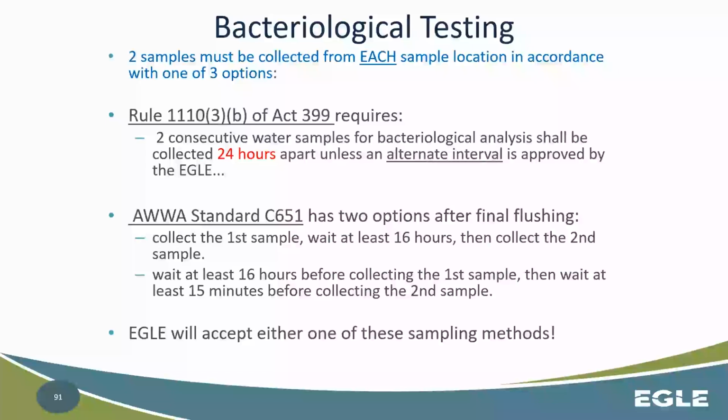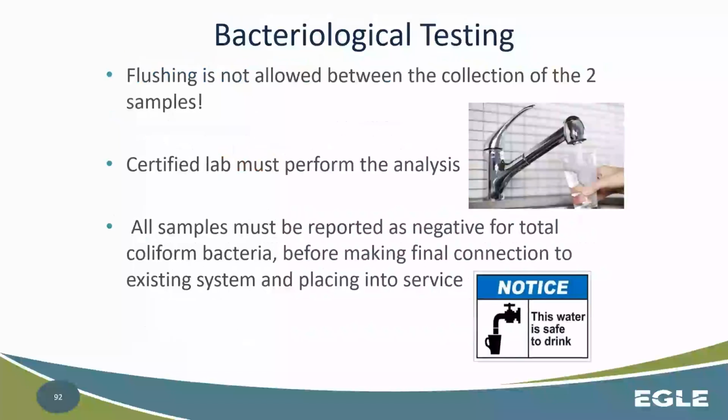And so there are 2 different potential options there that come from bacteriological testing. So there are bullet points 1 and 2 right there. Collect the first sample, wait 16 hours, then collect the second sample. Or you could wait the 16 hours, take the first sample, wait 15 more minutes, and then collect the second sample. Again, general rule of thumb, 2 samples 24 hours apart, but theoretically all 3 of these are valid options if you specify them ahead of time.